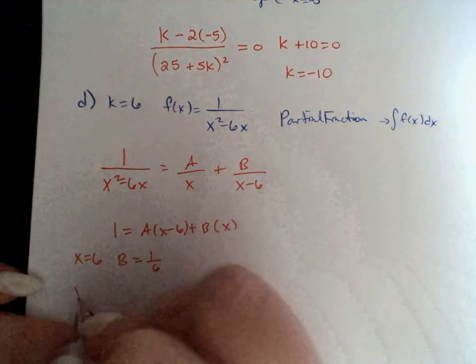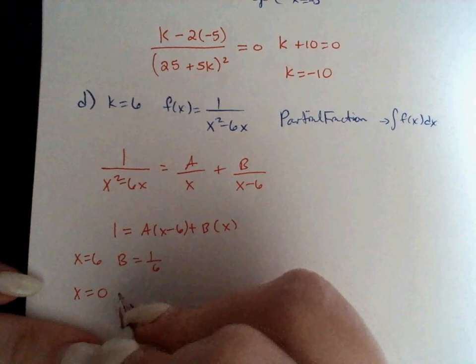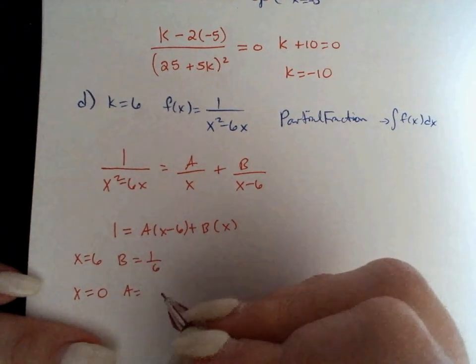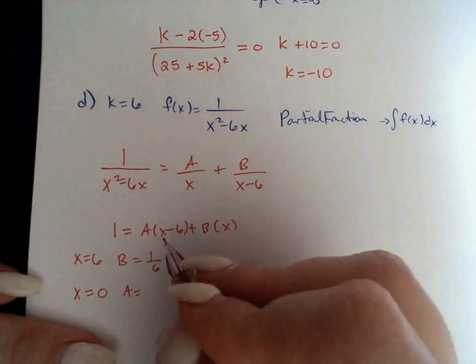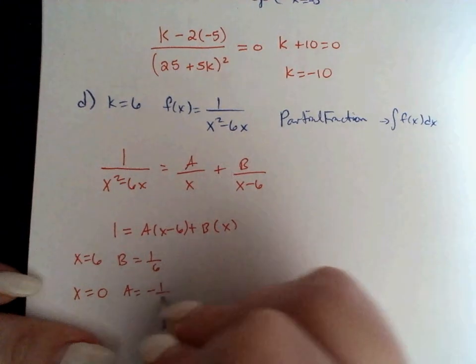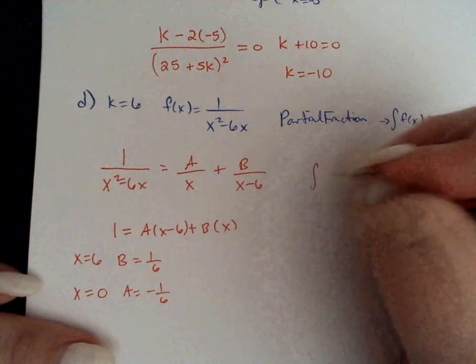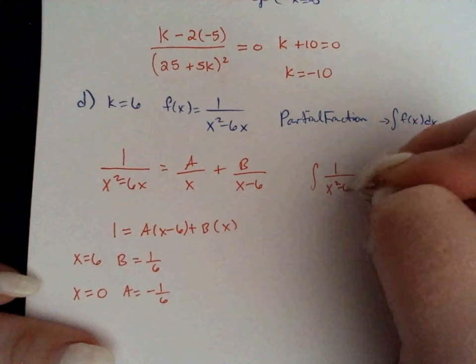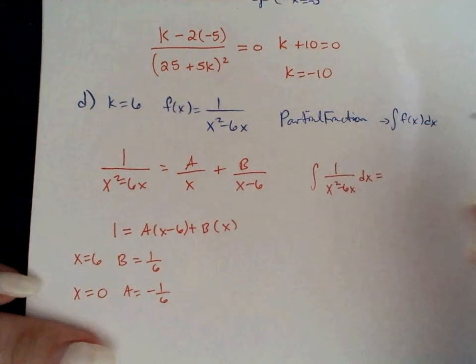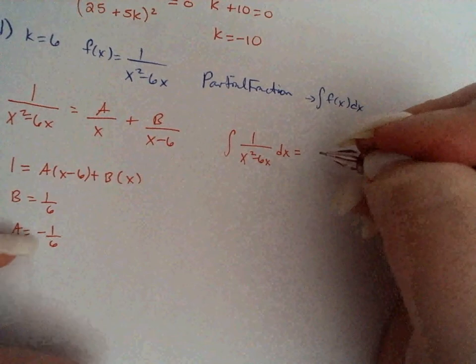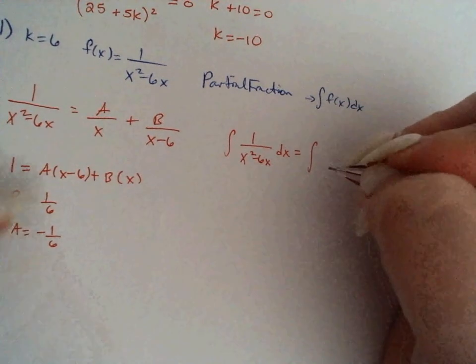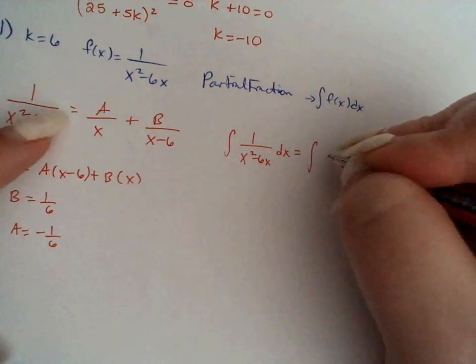If I let x equal 6, then that means b equals 1/6, and if I let x equal 0, that means a equals negative 1/6. Interesting.